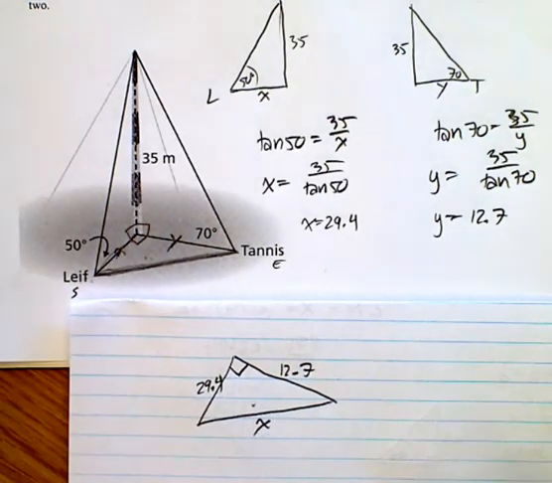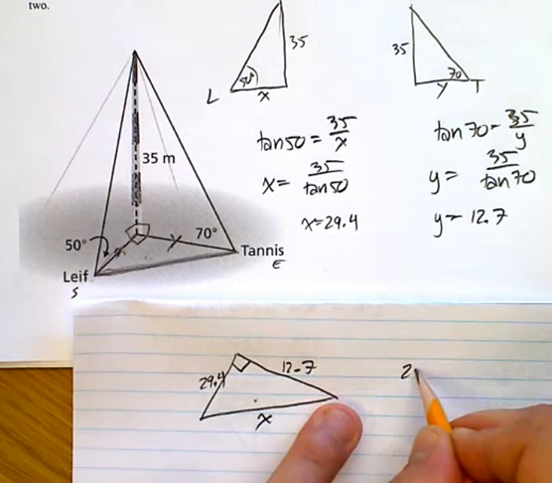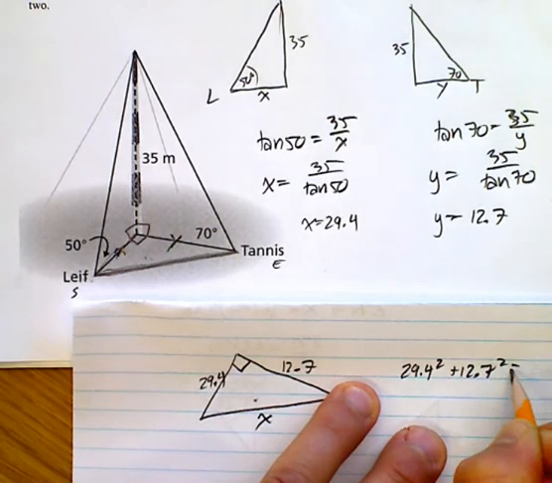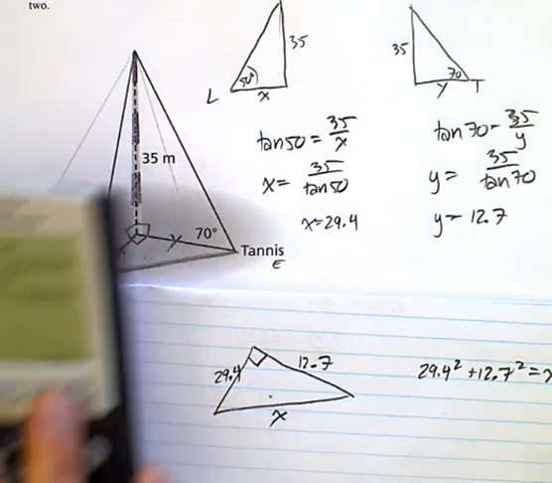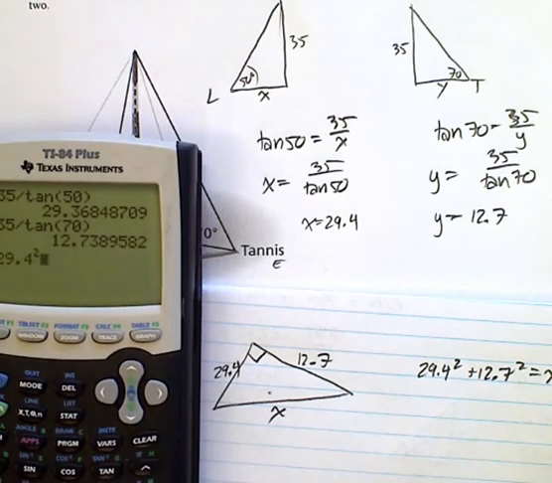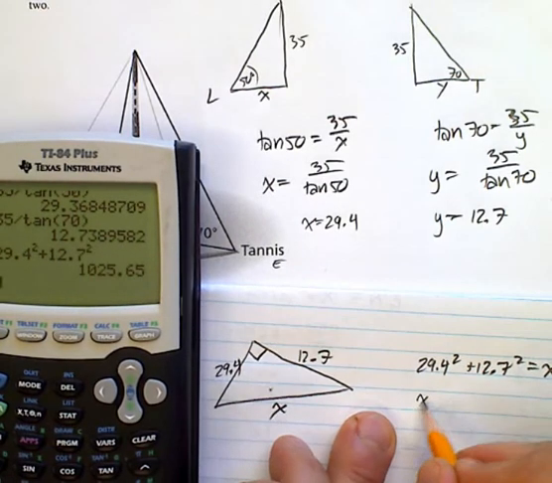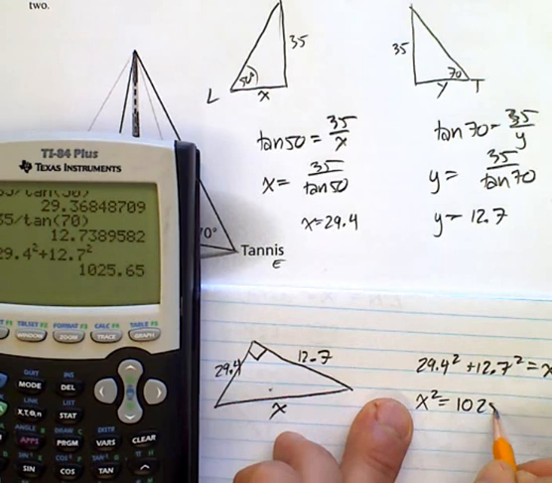Hopefully you can see that it's simple Pythagoras in this case, right? 29.4 squared plus 12.7 squared is equal to x squared. So I've got x squared is equal to 1025.65.